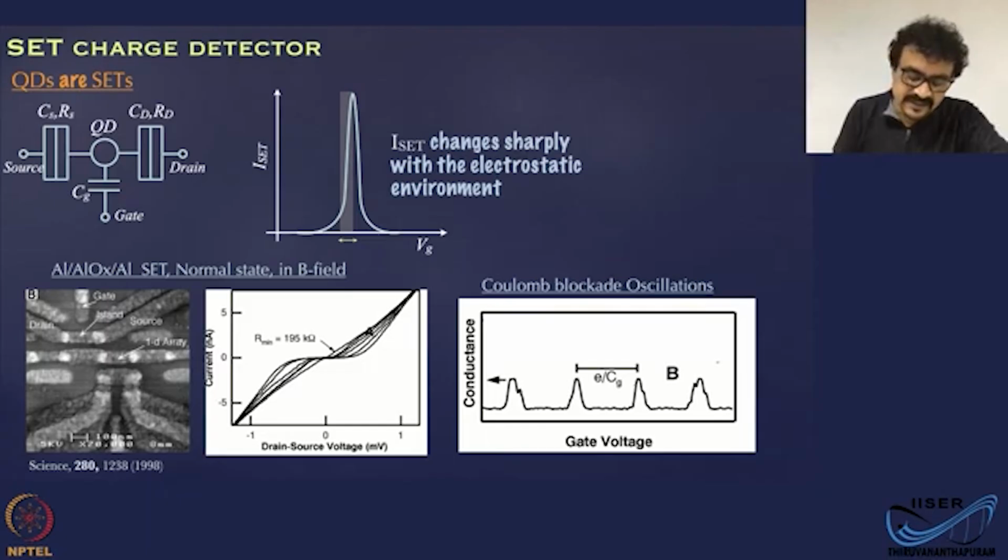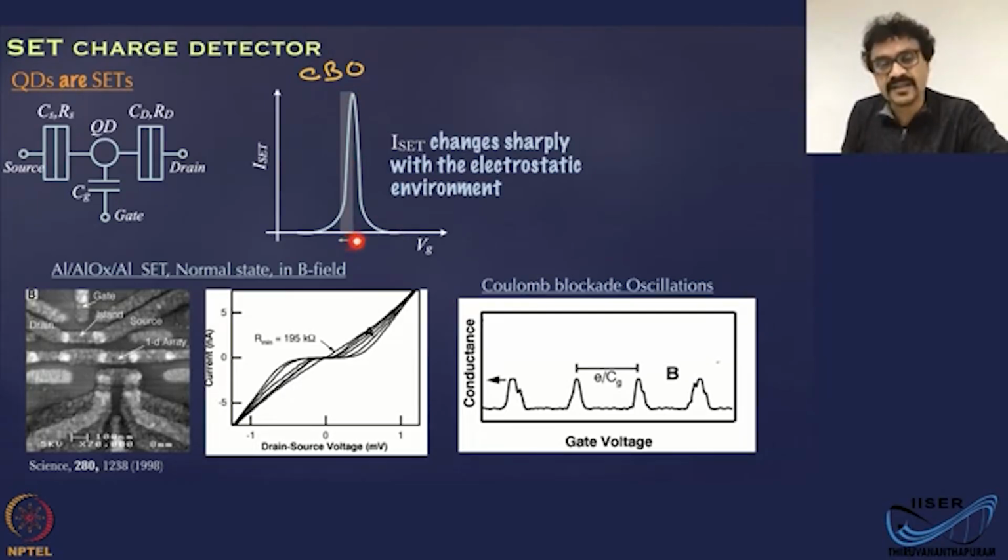And one important feature of these quantum dots is the Coulomb blockade oscillations. These are the Coulomb blockade oscillations, which exhibit very sharp change in the current through the device for a small change of gate voltage.